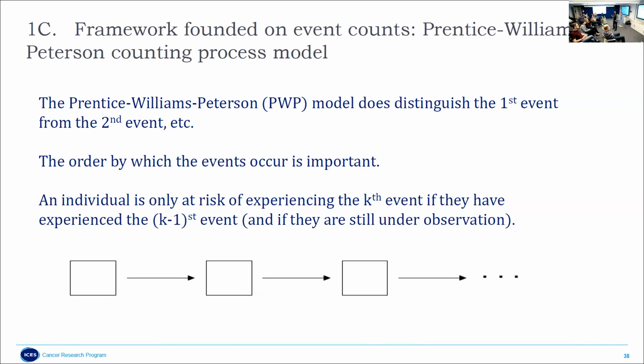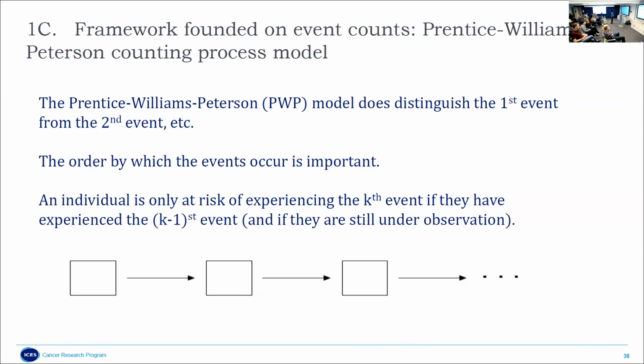If that's the case, then you actually want a different association parameter estimate for each transition, and the PWP is able to give that to you. So how different is that from a multi-state model? Not very different at all. In this model, it even has a different baseline hazard function for each transition as well.